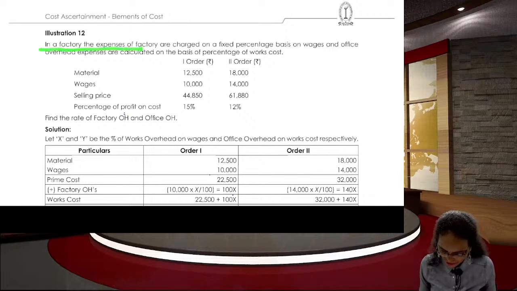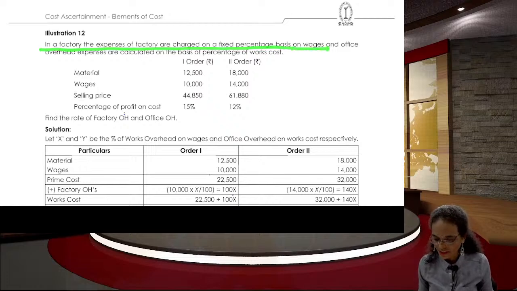In a factory, the expenses of the factory are charged on a fixed percentage basis on the wages.